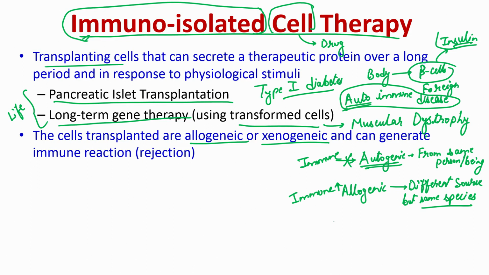And then finally, the other one is the xenogenic, and this is from a different species altogether. Sometimes it could be even a different genus. For us, let us say if I want an implant, maybe these cells are being taken from a pig. So, it is pig to human, or this could be horse to human, whatever the source might be.